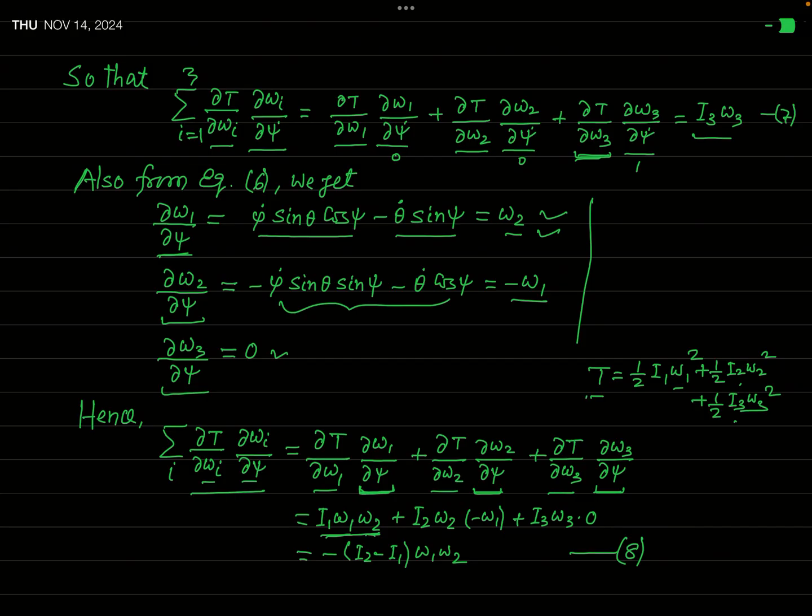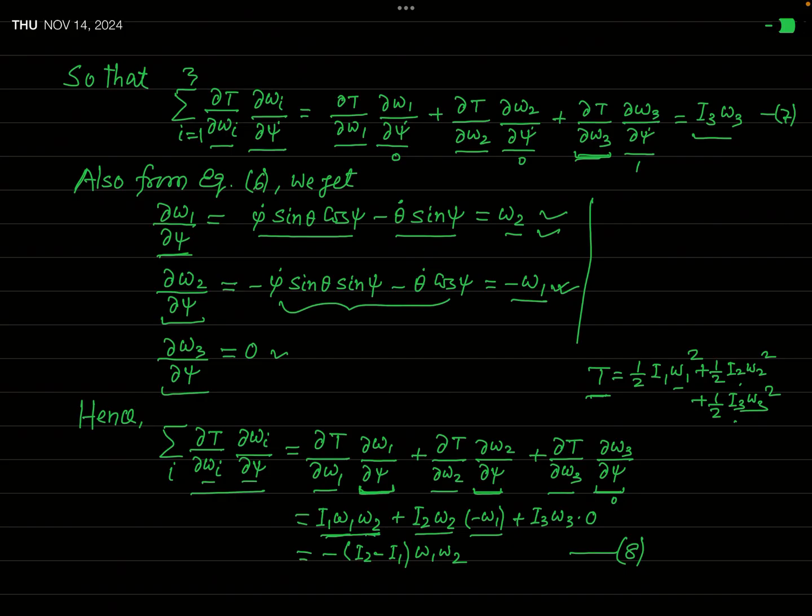Again, you can see from here, when you differentiate T with respect to omega 2, that will be I2 omega 2. And del omega 2 by del psi is minus omega 1, as you can see here. So the second term becomes I2 omega 2 times minus omega 1. But del omega 3 by del psi is 0. Therefore the third term vanishes.